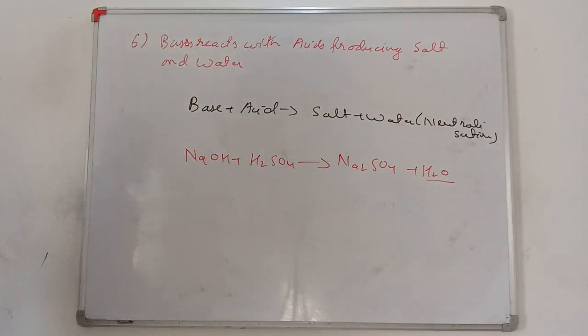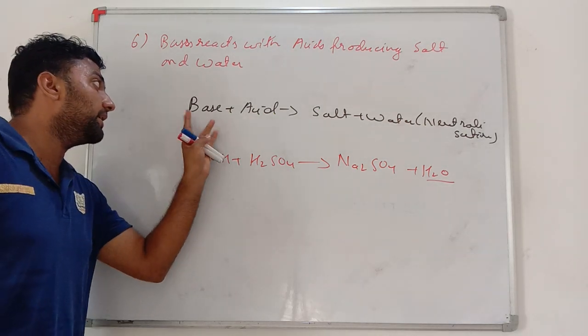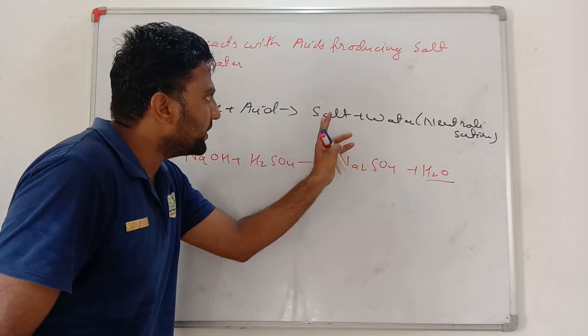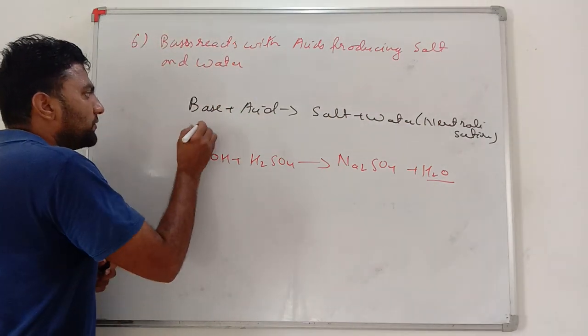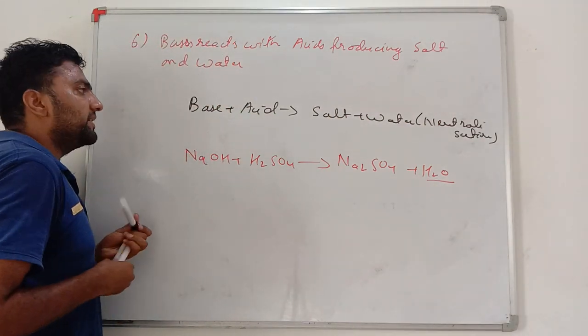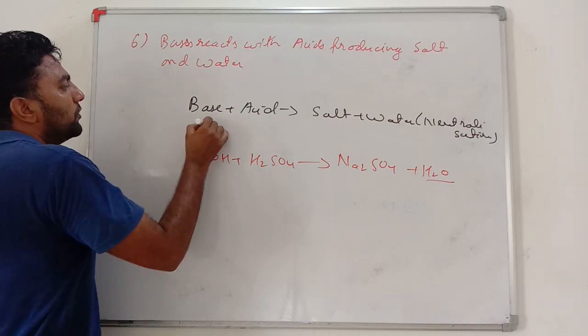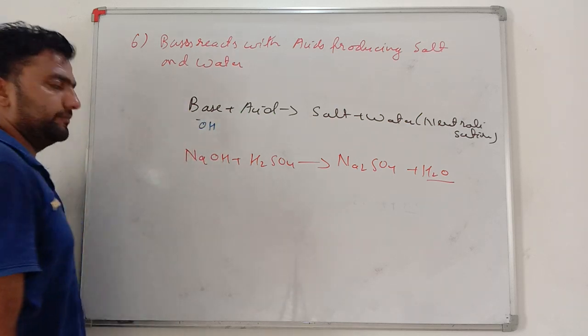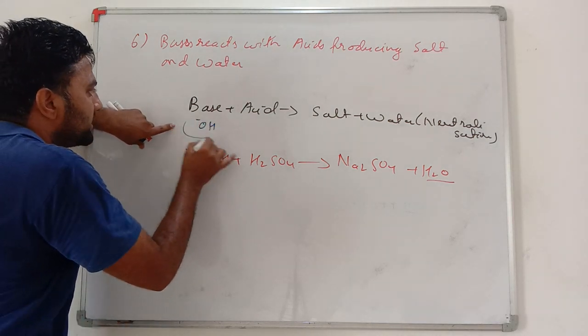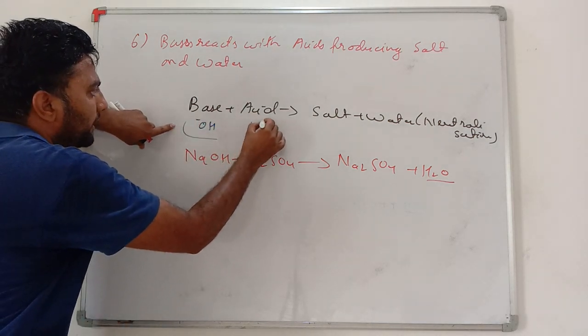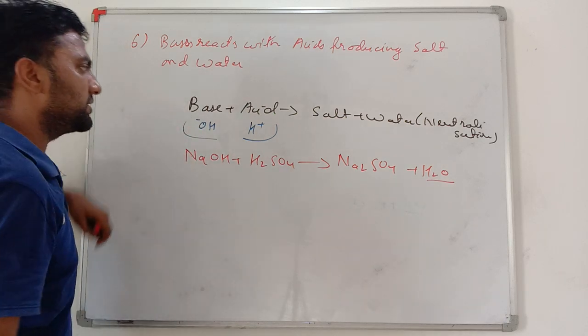Now, my dear student, the question arises: why, whenever any acid reacts with a base, do we always get a neutral product? As we all know, bases have OH minus ions free, and acids have H plus ions free.